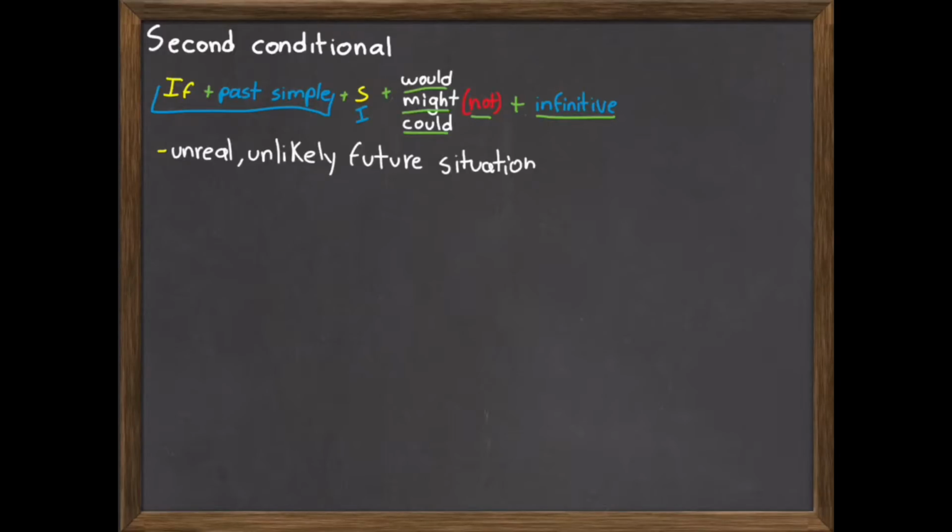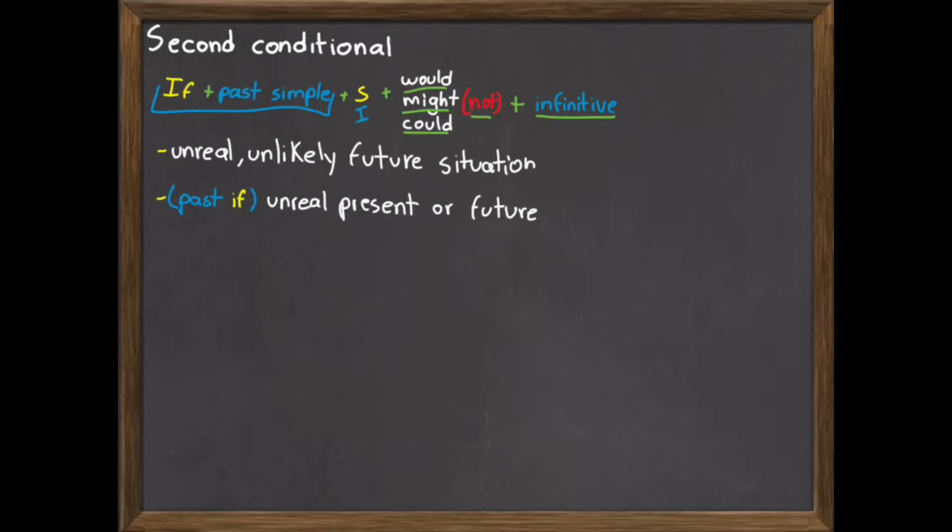For example, listen to this. If I didn't have to work, I'd go to the beach today. That's the sentence. But I have to work, so I won't go to the beach. That's an unreal situation and an unlikely one, since I will have to go to work.